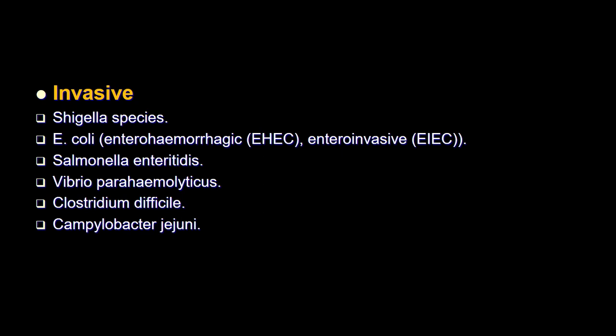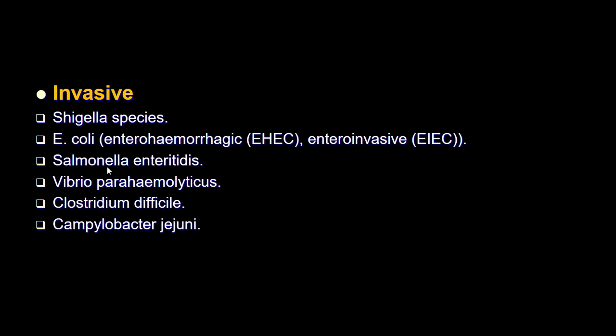Also, Escherichia coli can be associated with an invasive type of diarrhea, and we call that enteroinvasive Escherichia coli. We have another one, we call it enterohemorrhagic Escherichia coli. So enteroinvasive and enterohemorrhagic Escherichia coli.